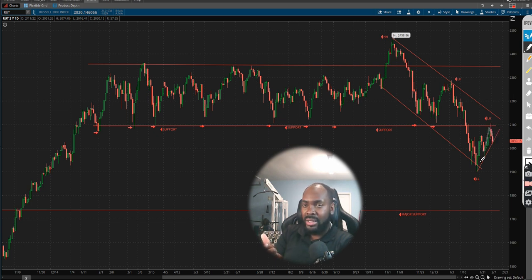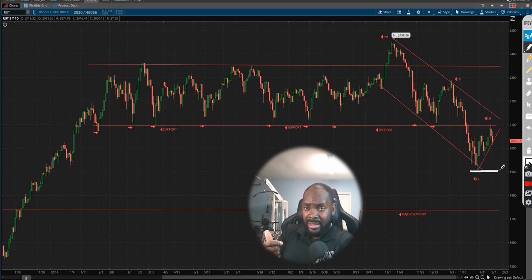We haven't broken this short-term trend line as yet on the Russell 2000. However, if the market continues to have downward pressure into next week, I'm looking for this thing to continue moving back down, right?